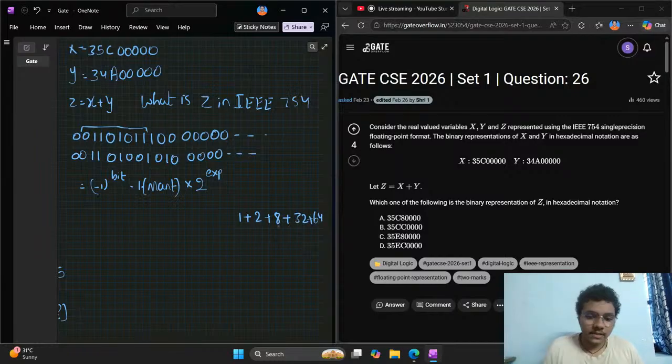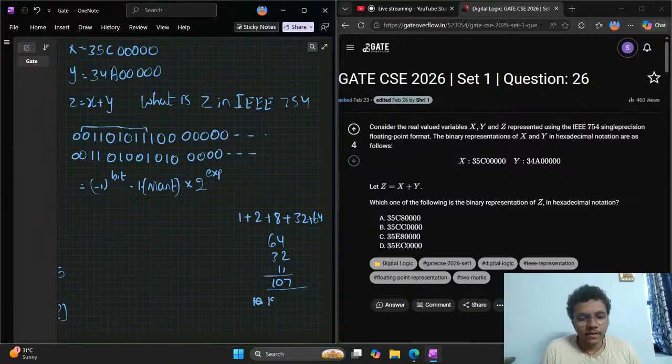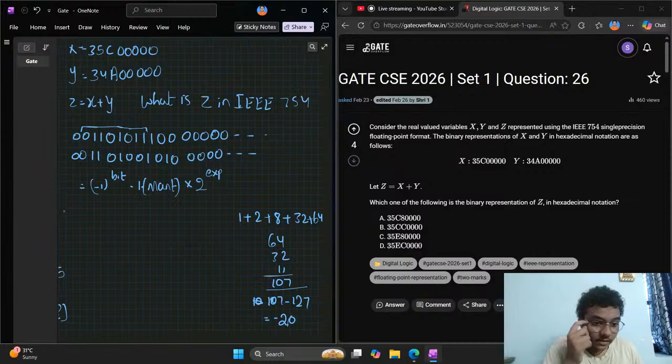How much is that? 8 plus 2 is 10, 11, 64 plus 32 plus 11, that is 107. So you are supposed to subtract it from 127, that is going to be minus 20, that is the unbiased exponent, and this is the mantissa.